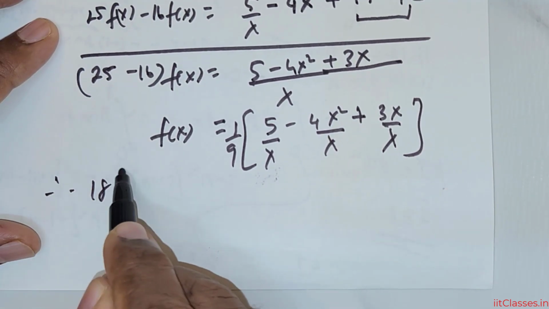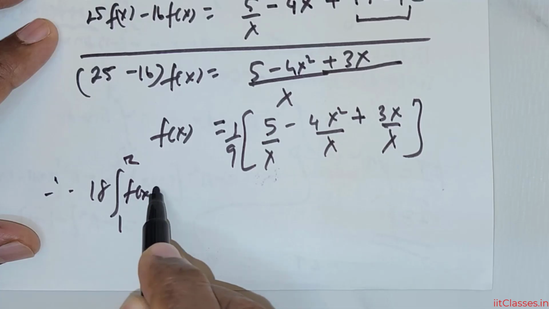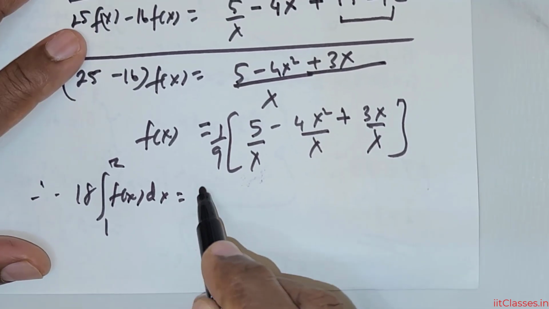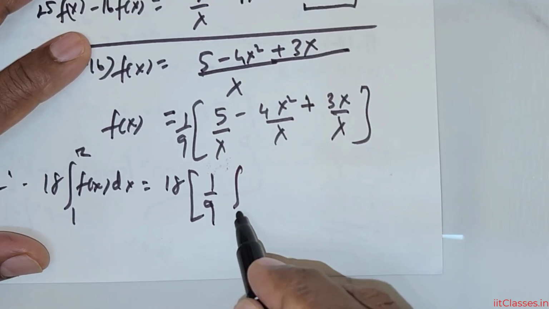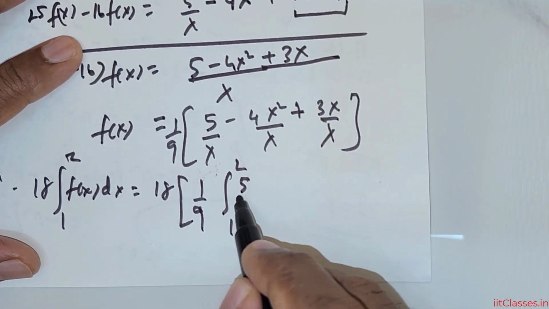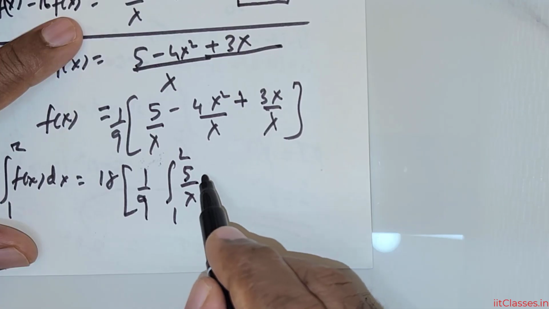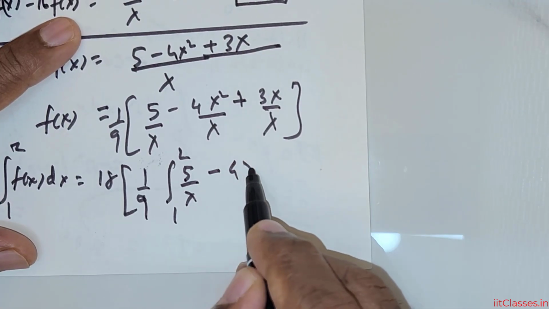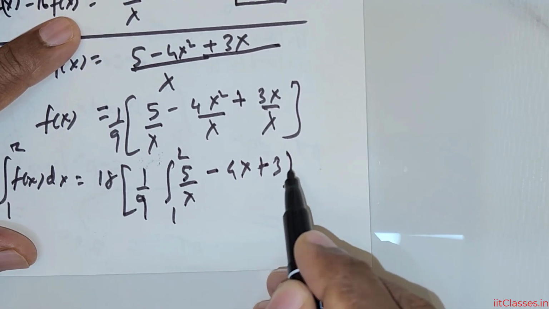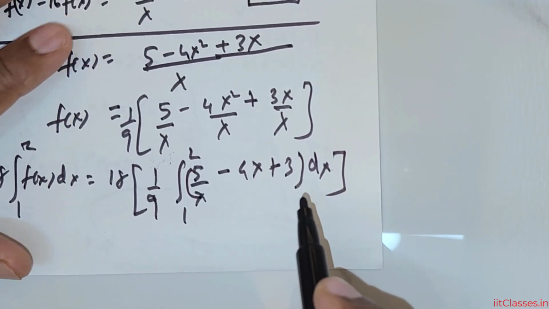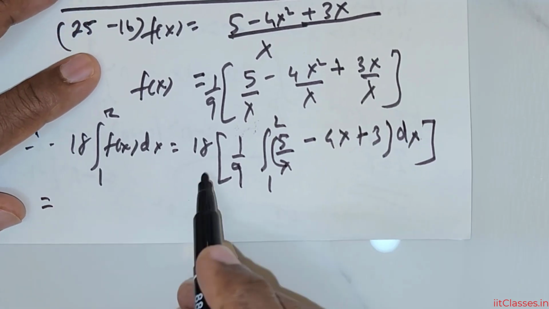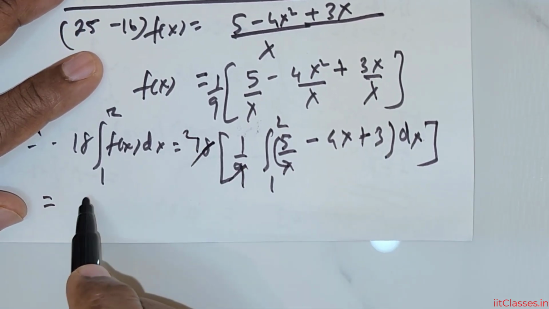Therefore 18 times the integral from 1 to 2 of f of x dx is equal to 18 times 1 over 9 times the integral from 1 to 2 of 5 over x minus 4 times x plus 3 dx. So 9 will divide 18 two times.